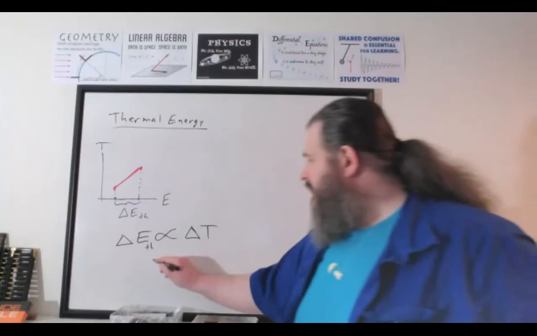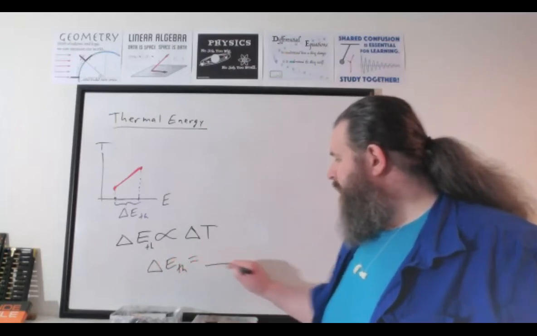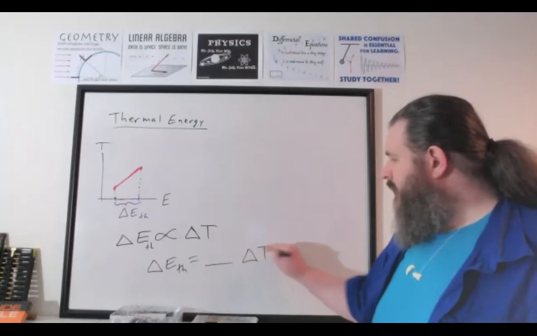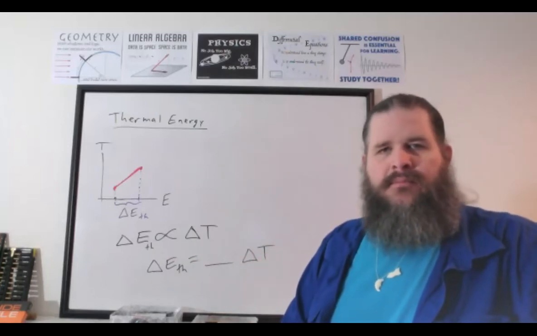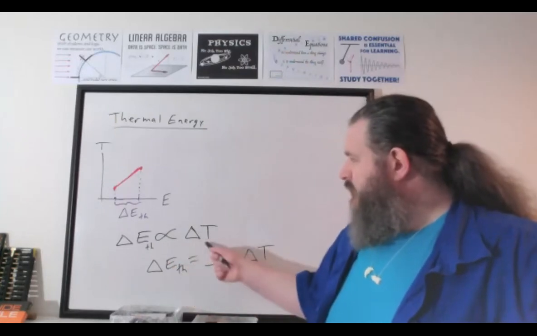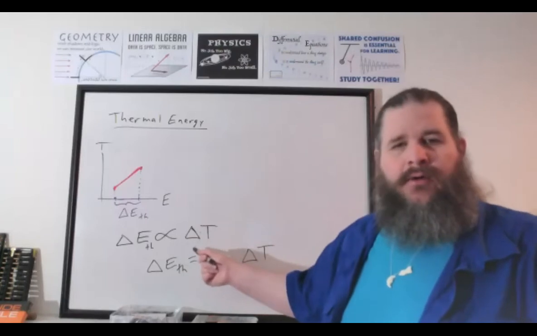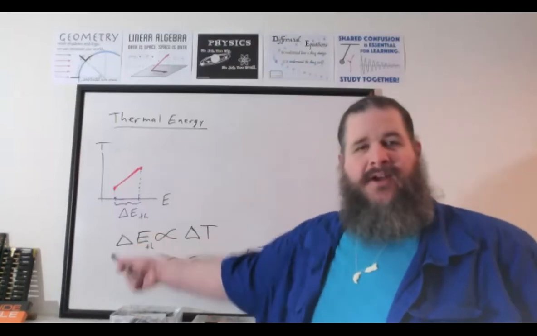So that means that delta E thermal is going to have to equal something times change in temperature, since that's one way to write out proportionality. By definition, proportionality means that if you change this one by a certain ratio, a certain multiplier or divisor, this one changes by the same ratio.